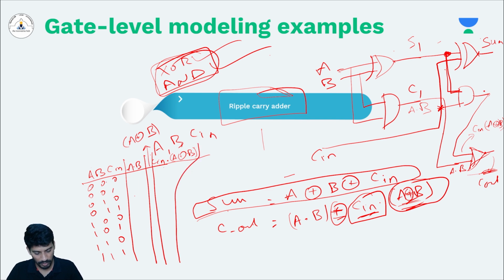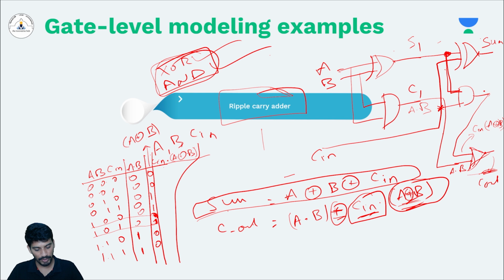So A dot B: 0, 0, 0, 0, 0, 0, 0, 0. This will be 1, 1 because 1 dot 1 and 1 dot 1 will give me 1. Similarly, A XOR B means 0, 0, 1, 1, and then sorry, this will be 1, 1 because 1 XOR 0 will be 1. Similarly, these two will be zeros.